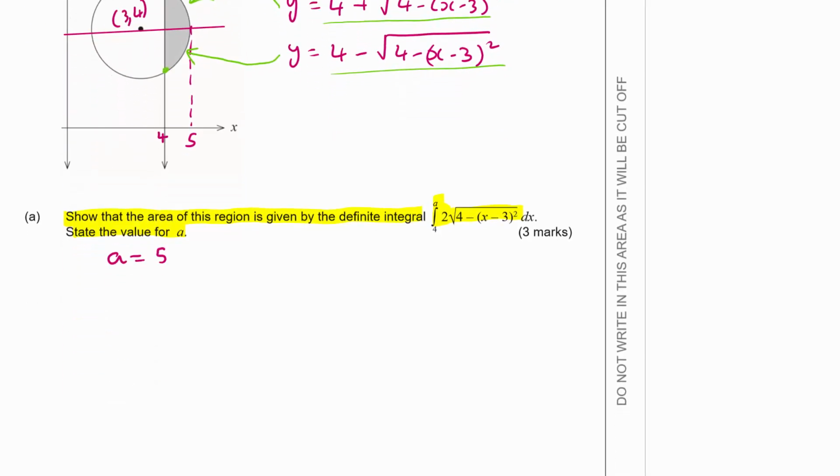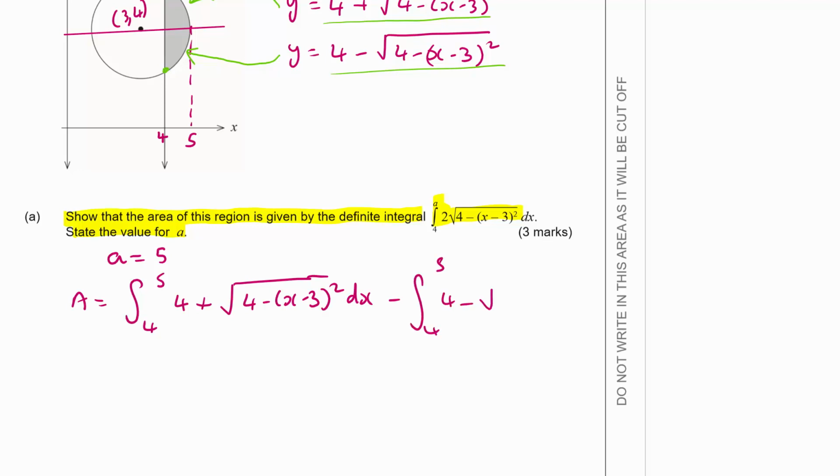So the area would be the integral from 4 to 5 of 4 plus the square root of 4 − (x − 3)² dx, take away the integral from 4 to 5 of 4 − the square root of 4 − (x − 3)² dx.